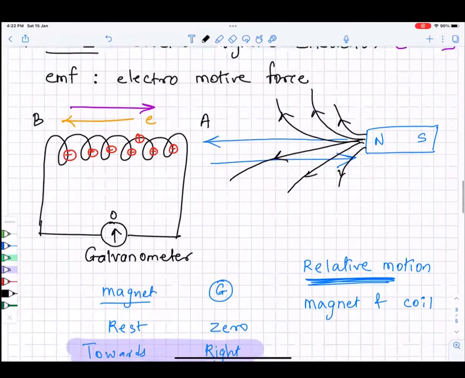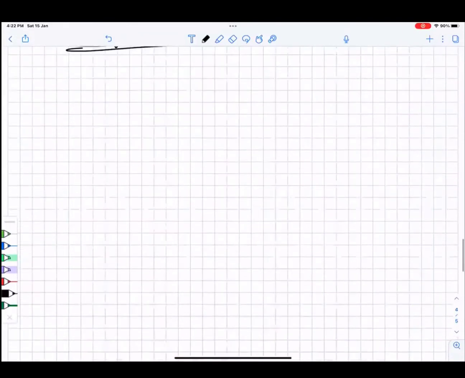This is really good. See, what is the energy conversion in this experiment? We are converting mechanical energy into electrical energy, isn't it? You're moving the magnet in and out, so that's mechanical energy, and you're generating electrical energy, current. But mainly what form of mechanical energy? Potential or kinetic? Kinetic.